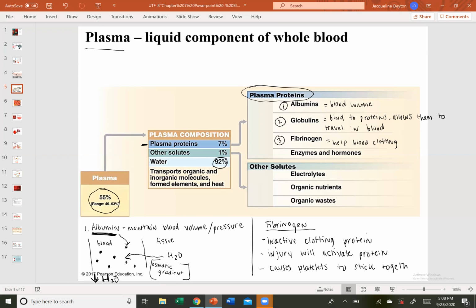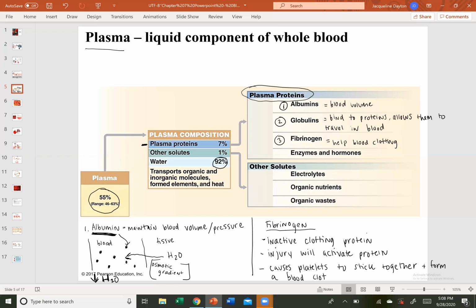So these sticky platelets will clump together and form a blood clot. And we're going to talk about this whole process in the last half of the chapter about how a blood clot is created. But I just want you to understand that this protein, fibrinogen, is considered a plasma protein and it's in constant circulation, okay?